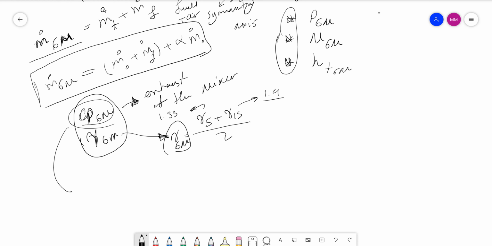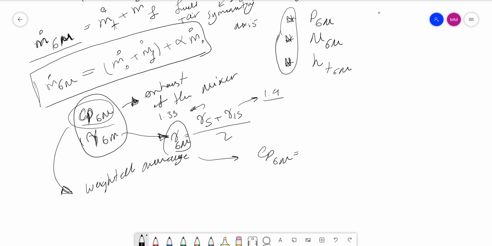But for CP, you need to find the weighted average of your whole system, okay? What does weighted average mean?